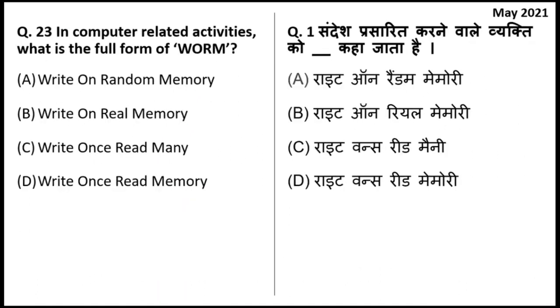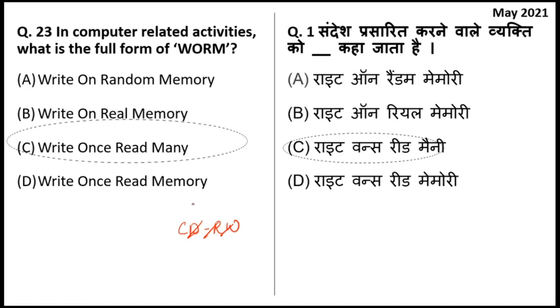In computer related activities, what is the full form of WORM? WORM means write once and read many. There are many examples of a WORM, like CD read write. It means there are certain types of storage devices which are written once but can be read many times.